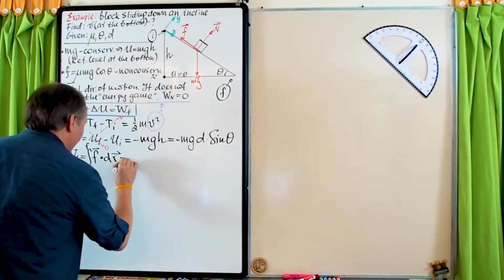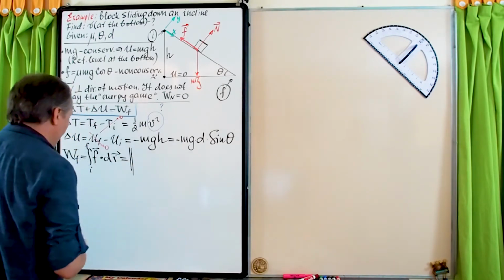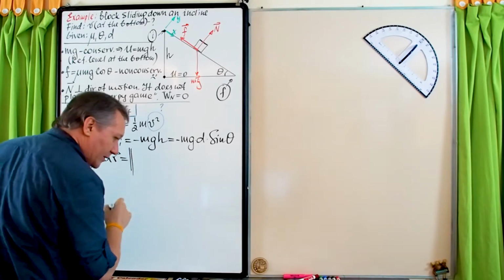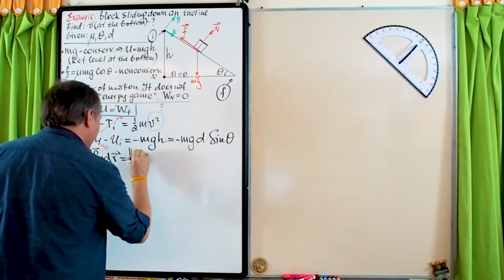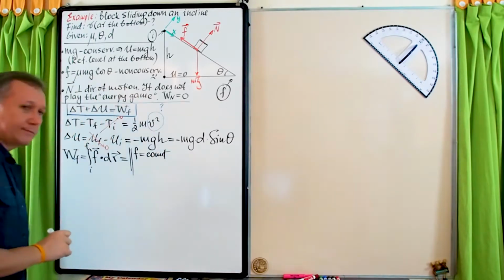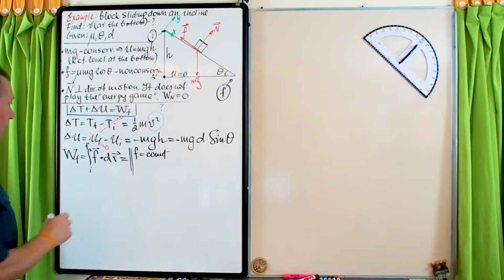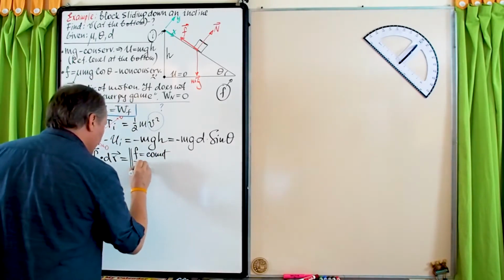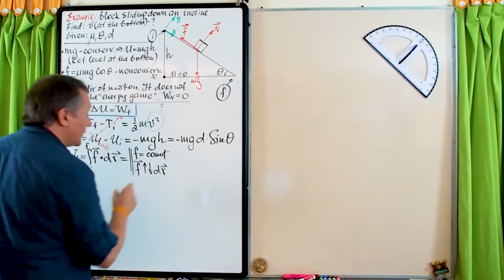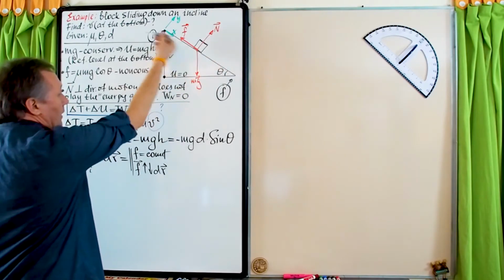First of all, the force is constant. Then F is anti-parallel to dr. dr is downward, F is upward.